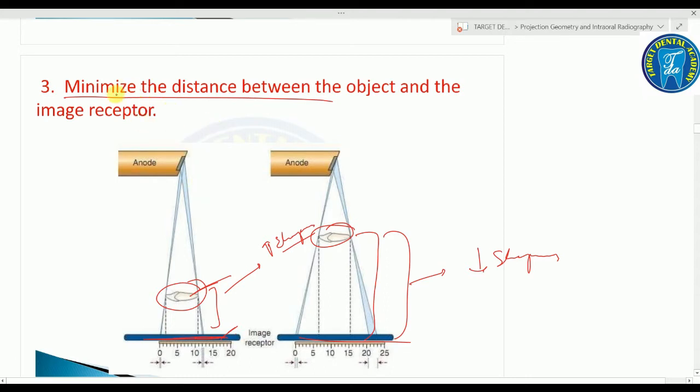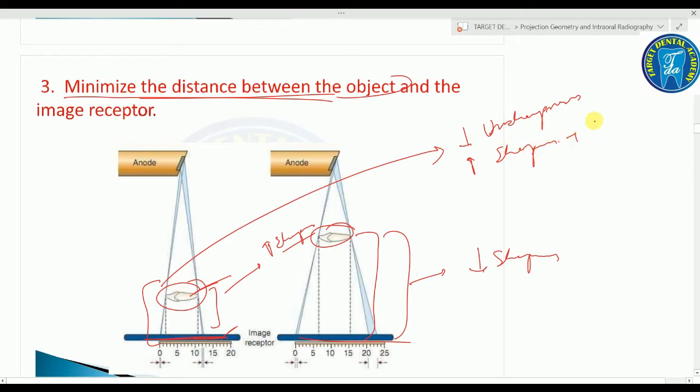So when you minimize the distance between the object and the image receptor, it leads to a decrease in the unsharpness, an increase in the sharpness, and it enhances the image clarity. It also leads to minimizing the divergence. Fine. So these are the three methods to maximize the image sharpness.